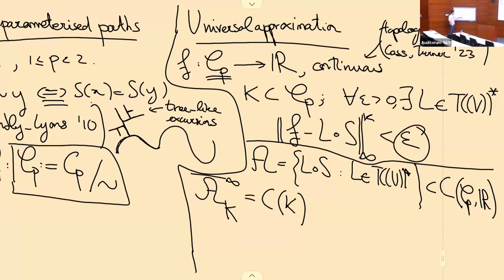So the space of linear functionals on the signature restricted to a compact set of unparameterized paths is dense in the space of continuous functions on the compact set with respect to the uniform norm.